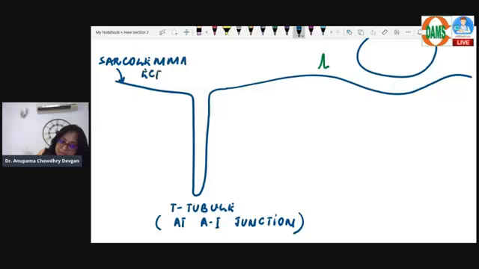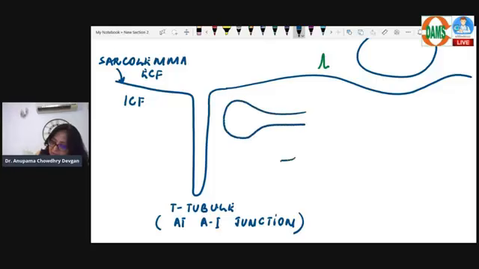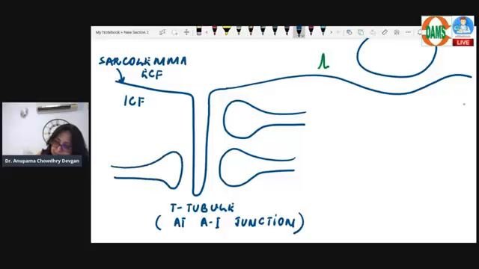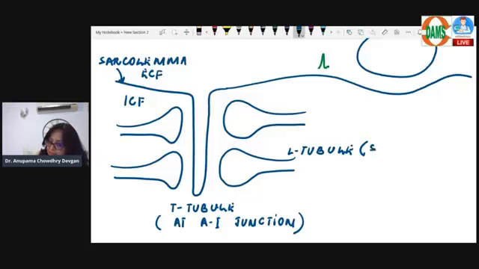So that means ECF is here and ICF is here. Remember, the sarcolemma is like the plasma membrane of the muscle fiber. Now, on either side of the T-tubule, you have the L-tubules, longitudinal tubules. The L-tubule is nothing but the sarcoplasmic reticulum.